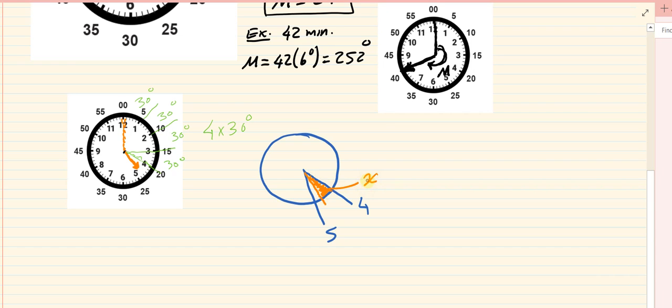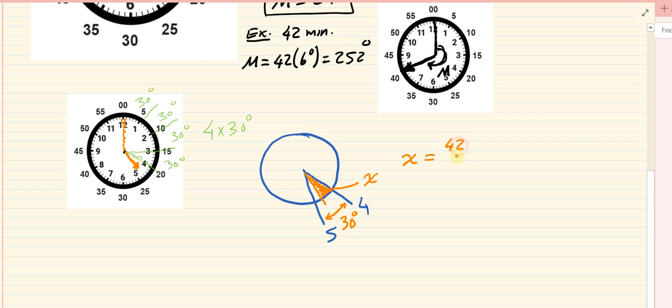Okay, so how am I going to find x? Well, it's easy to find x here. In 42 minutes past the hour, x is going to have 42 out of 60, right, share of that 30-degree angle that spans between 4 and 5 o'clock.